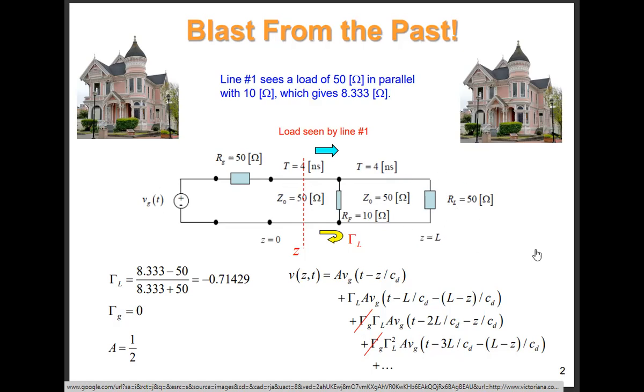That's what this gamma means, right? Now, if you wait long enough, sure, the waveform in general would come down here, bounce again. There'd be a transmission coefficient, all that. It's not really going to happen in this problem because the load is matched to line 2, right? That's why I got rid of all these, right?